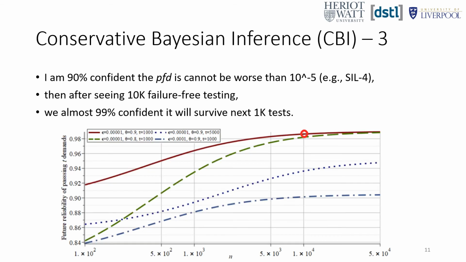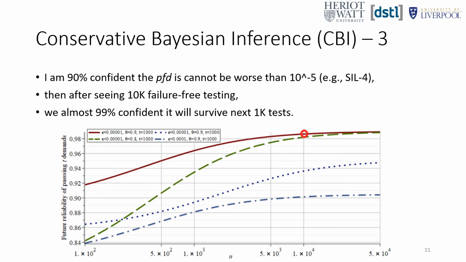In the paper, we also presented some numerical examples in which the objective function is the future reliability of passing some amount of testing given we have seen some failure-free tests, and the prior knowledge is a confidence bound on PFD. If we have a look at this red dot on this solid curve, a possible scenario could be: before the testing, I have 90% confidence that the PFD of this software cannot be worse than 10 to the minus 5.